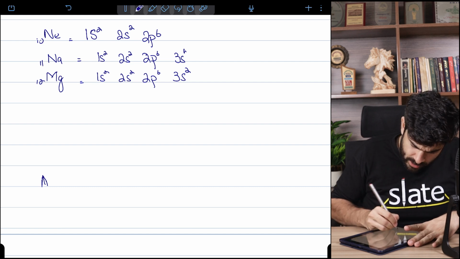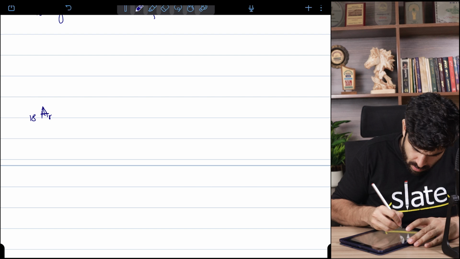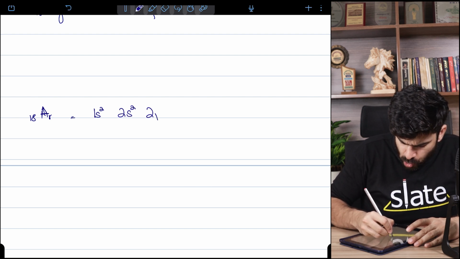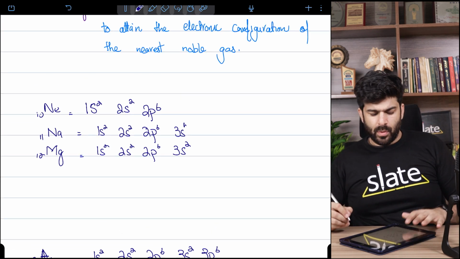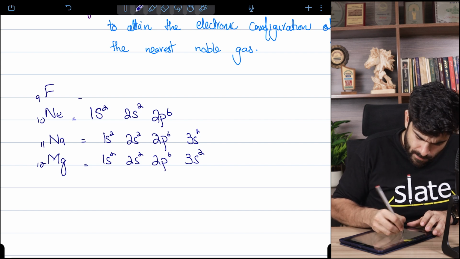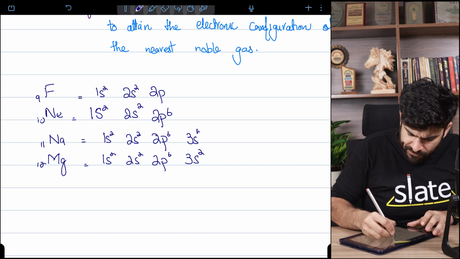But when we talk about argon, argon is 1s2, 2s2, 2p6, 3s2, 3p6. Now, one example is fluorine as well: 1s2, 2s2, 2p5.